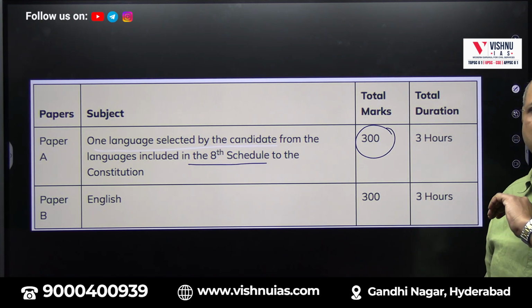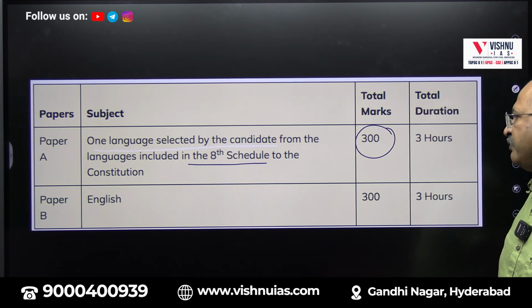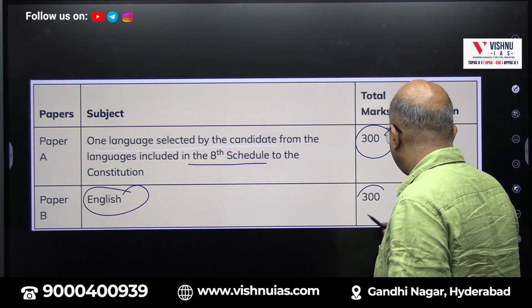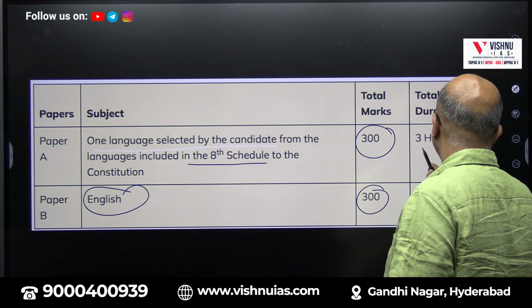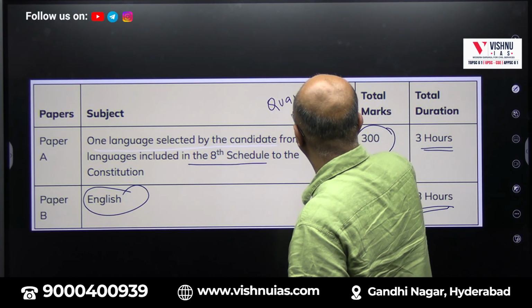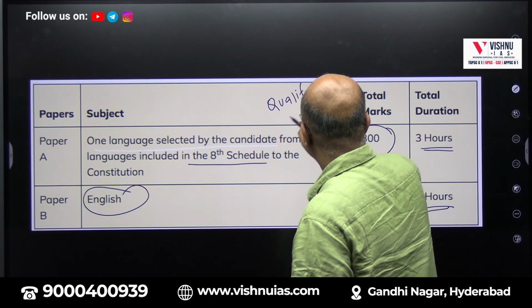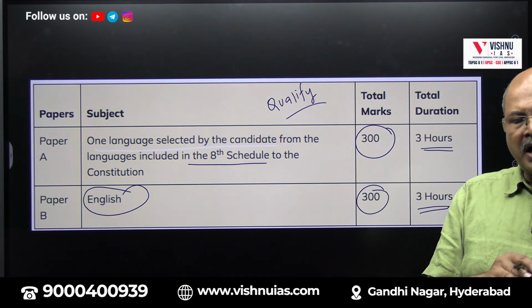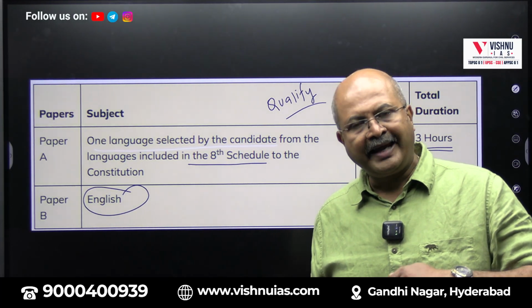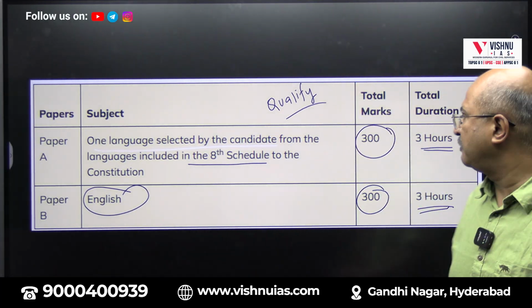The marks you have scored will not be carried forward. The second one will be English, again 300 marks, for 3 hours. These are qualifying in nature. You have to qualify in these, then only will your marks for the remaining GS1, GS2, GS3, GS4, essay, as well as the optional part be counted.